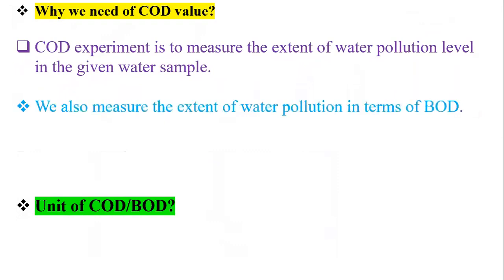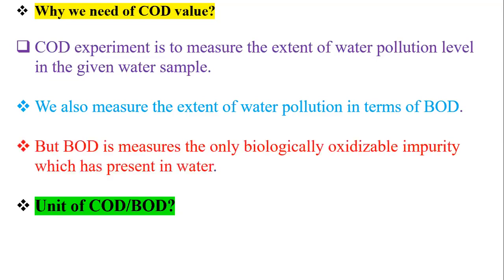Next, we also measure the extent of water pollution in terms of BOD. BOD means biological oxygen demand. Not only COD but BOD is also used to measure the extent of pollution. But one thing is that BOD measures only the biologically oxidizable impurities present in water.